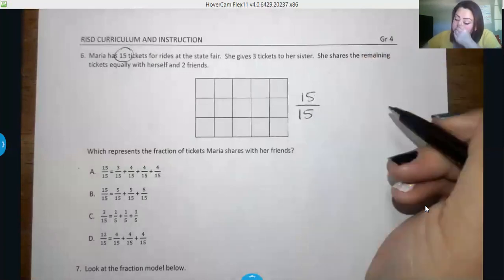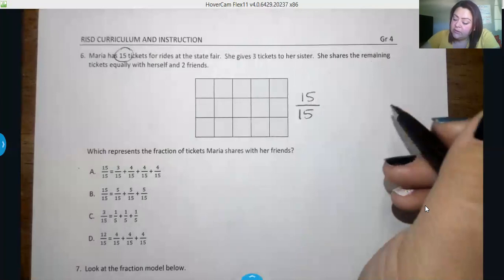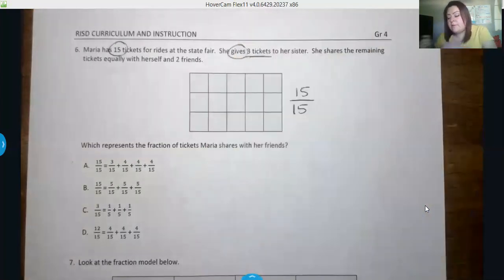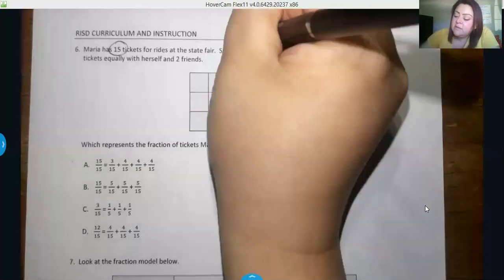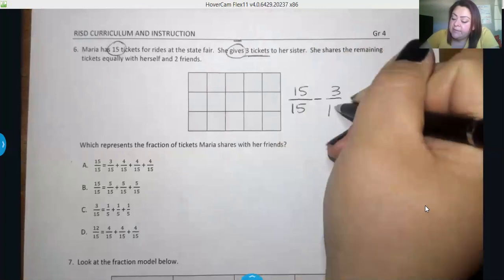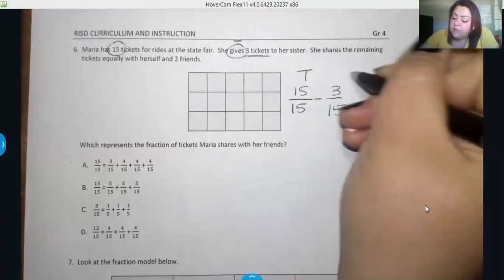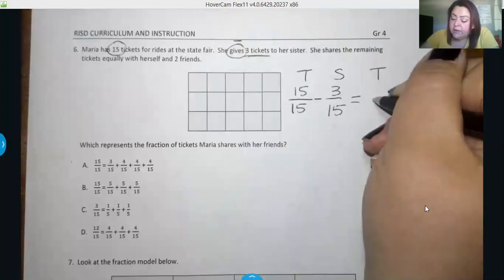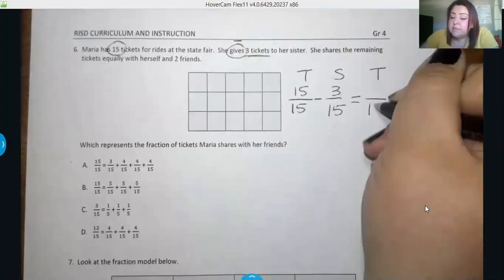So she gives 3 tickets to her sister. We're going to start here. Gives. She gave them away. She's taking them away, right? So that means I'm subtracting. So we're going to take away the 3 out of 15 because this was a total. This was her sister. How much is my new total now? Okay. The denominator doesn't change.